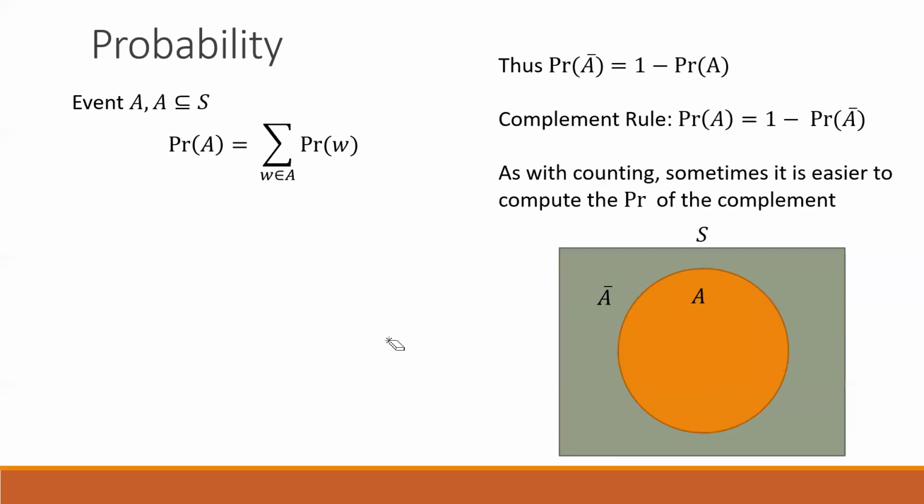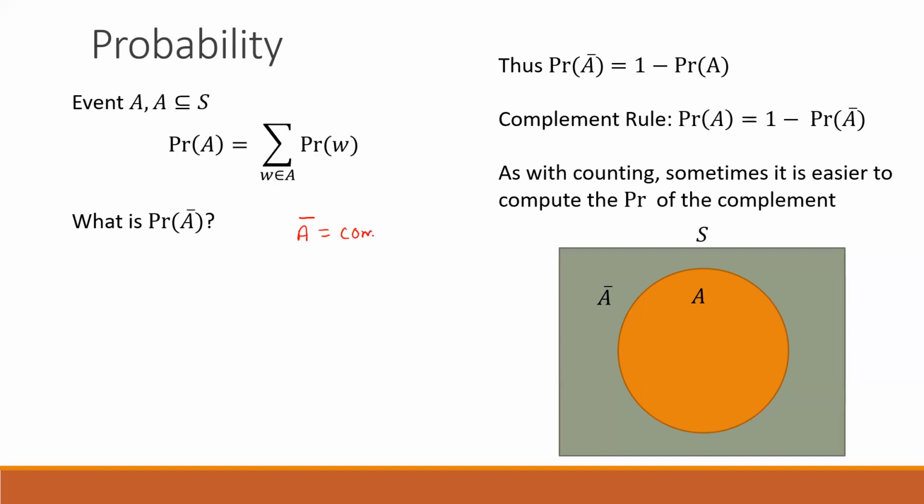All right, my animations are off a little bit, as they do about halfway through the lecture. So I have an event A. What is the probability of not A, or the complement of A?